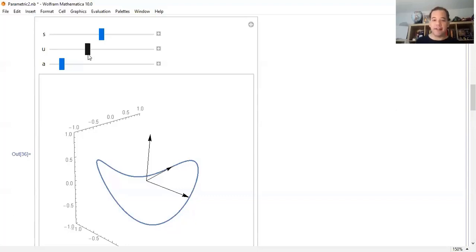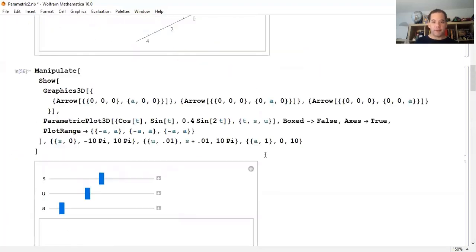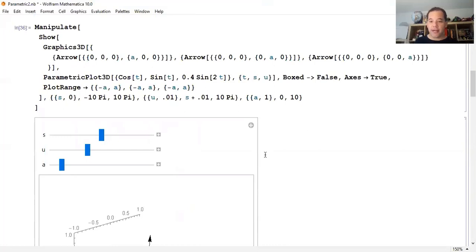Let's modify it. That's the good thing about having something like this, which you can also explore in Wolfram Alpha. What do you think is going to happen if we change these two? What would happen if we make that 2, say, into a 4?